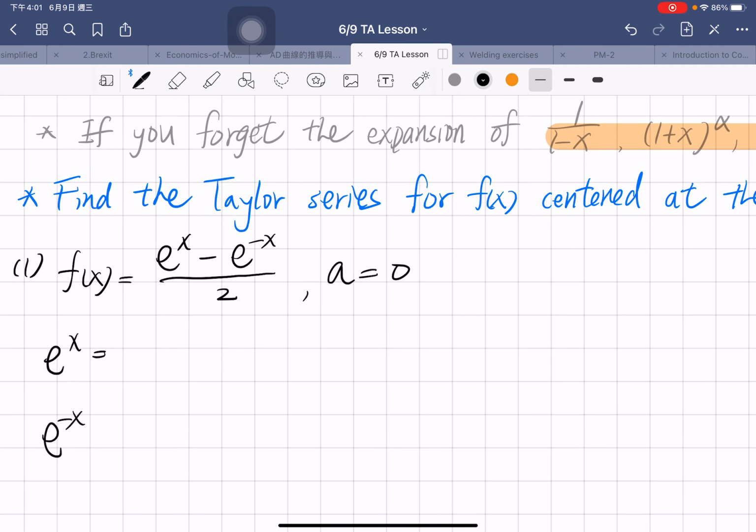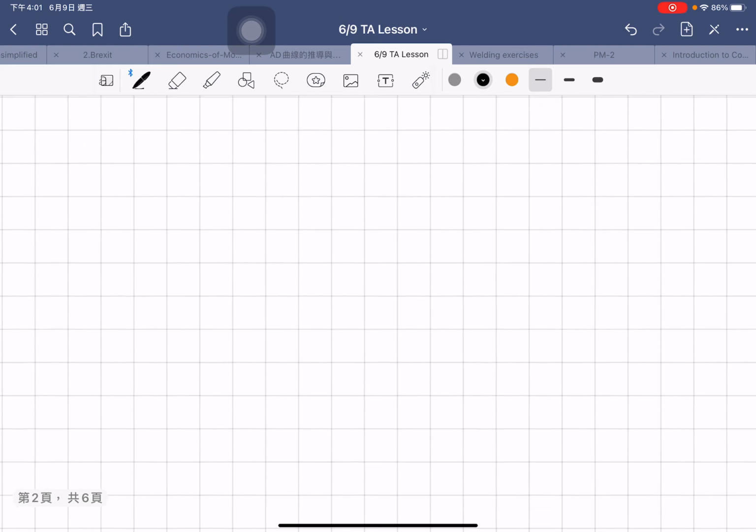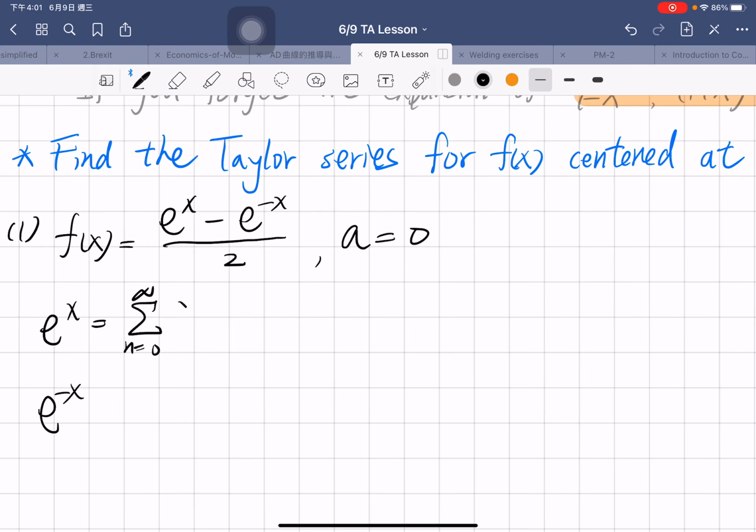So it will be the summation of n from 0 to infinity of x to the n power over n factorial, and also the summation of n from 0 to infinity of minus x to the n power over n factorial.